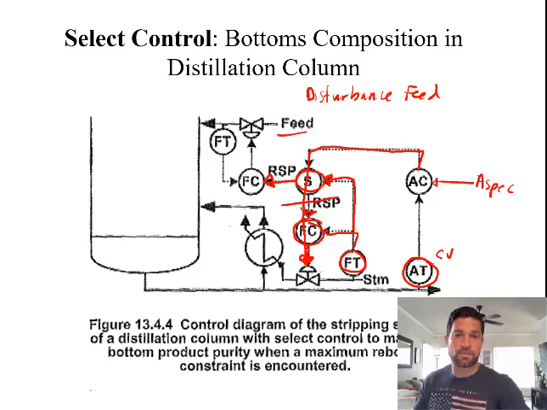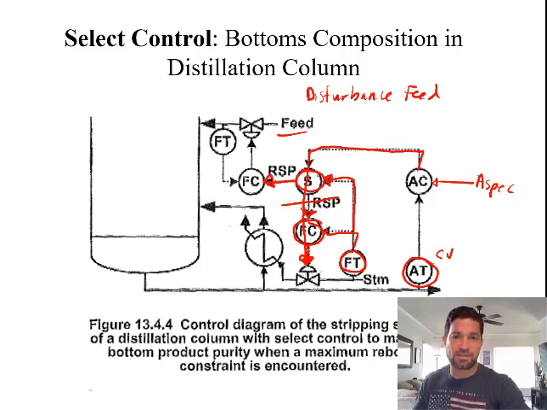What happens is that under normal operation, when the steam flow is below the maximum flow, the controller controls the composition based on the heating duty to the boiler at the bottom of the distillation column. Once this flow is maxed out, that's the reason why select control is needed: this feed disturbance might be too high, such that the steam can no longer compensate for those changes.